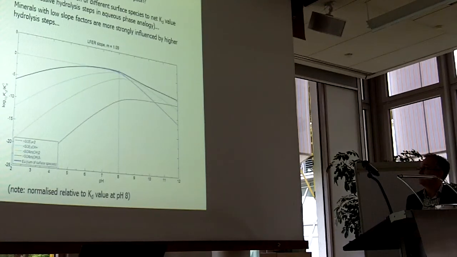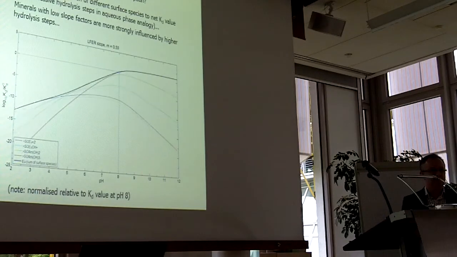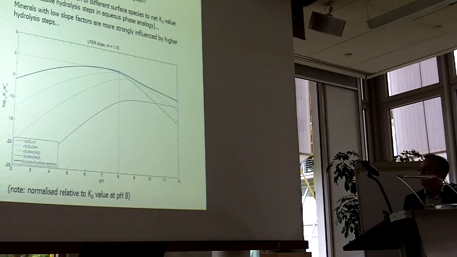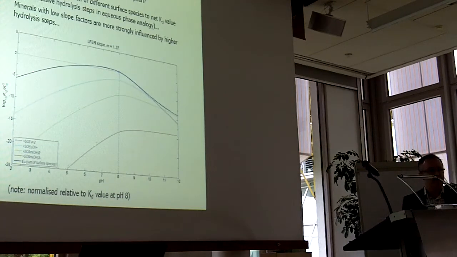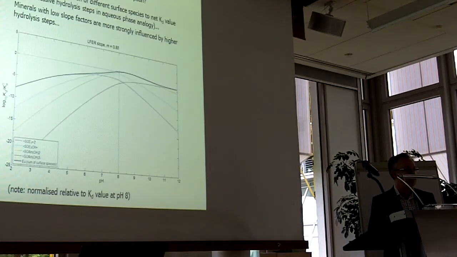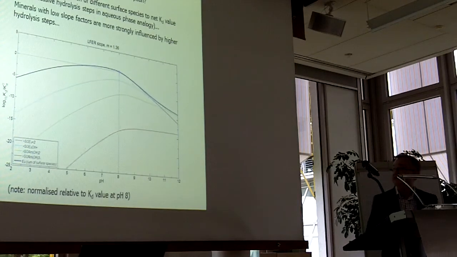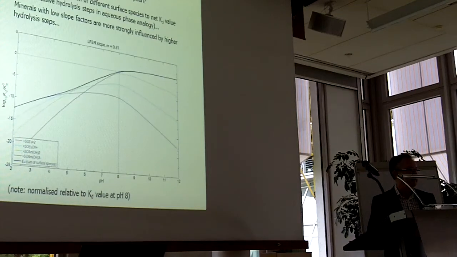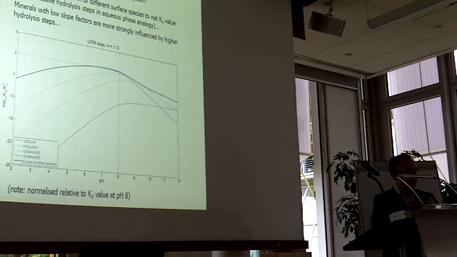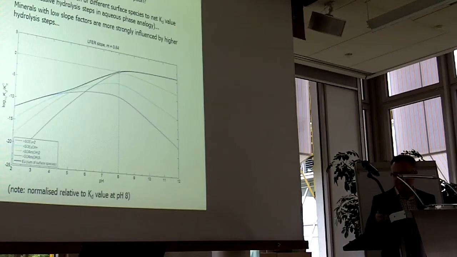And you see that minerals with low slope factors, such as quartz, and there's a bunch of different minerals that I haven't actually investigated, are theoretically more strongly influenced by some of these hypothetical higher hydrolysis steps than minerals with a very high slope, like ferric oxyhydroxides, in which case you may only need the first binding constant to give a pretty good description of sorption over the entire envelope of the pH dependency.